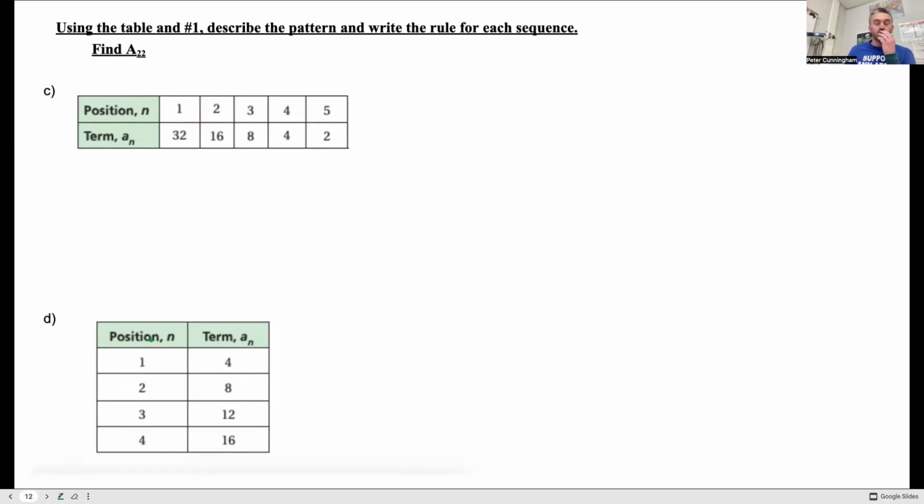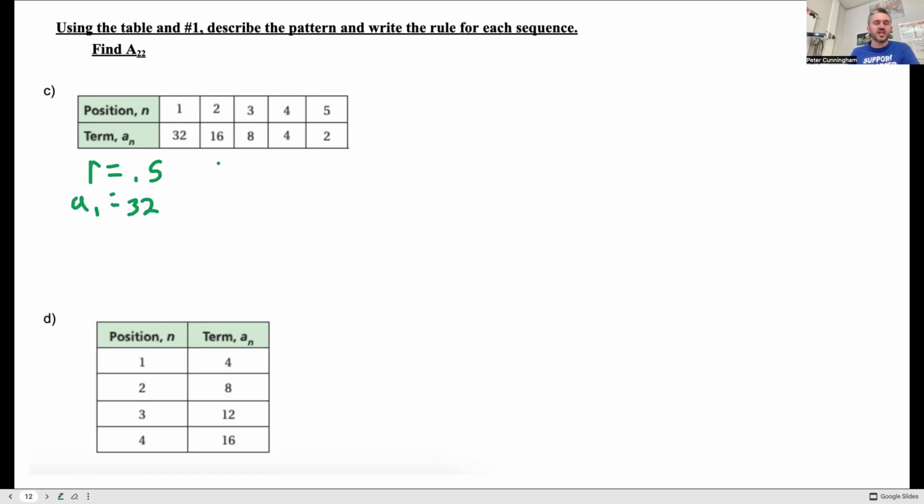Okay, so we just did the table. All right, so I guess I got a little ahead of myself because it was on the first page to just say if it was geometric or arithmetic and find the difference or the rate. We just did that. Okay, and then we wrote the rules. We found that the rate was 0.5 and that the first term was 32.